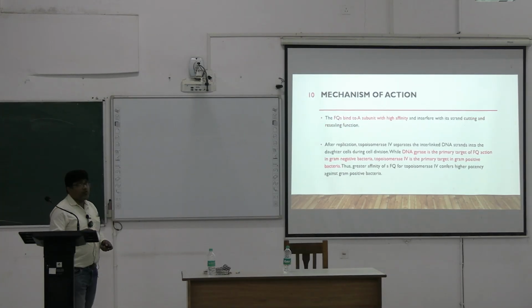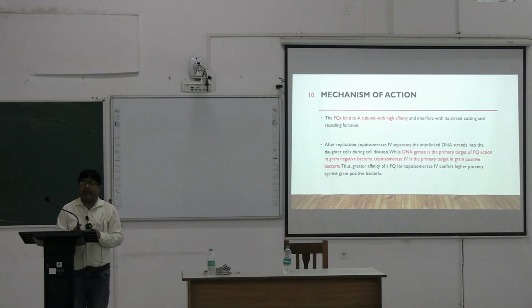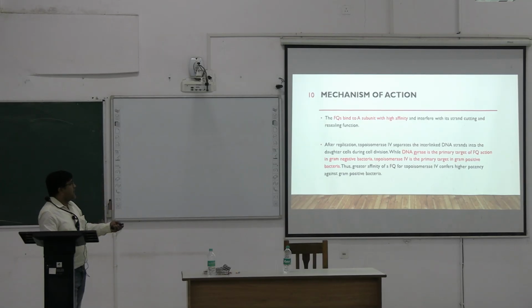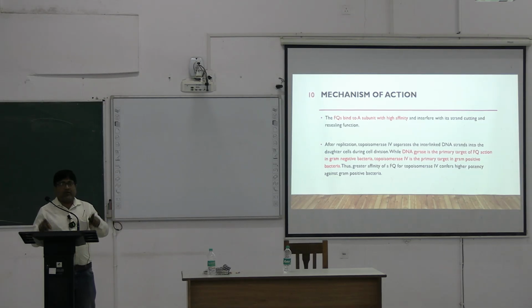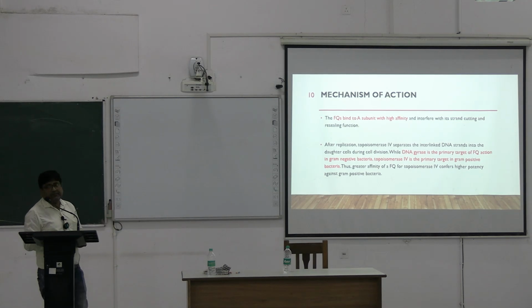Now, fluoroquinolones have high affinity for the A subunit of DNA gyrase, and they interfere with strand cutting and resealing function. After replication, topoisomerase 4 separates the interlinked DNA strands into the daughter cells during cell division.